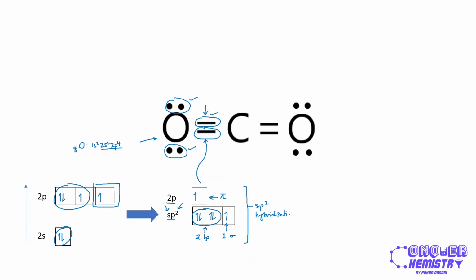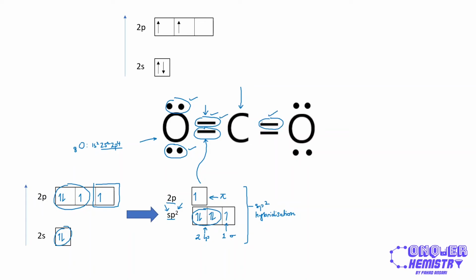Now finally, the last type of hybridization that is part of the AS syllabus we will look at in the case of the carbon atom. We've already seen its electronic configuration: 1s2, 2s2, 2p2. It looks something like this for the valence shell, the second principal quantum shell. Now over here you can see that the carbon atom carries no lone pairs and it involves two sigma bonds, one over here and one over here.